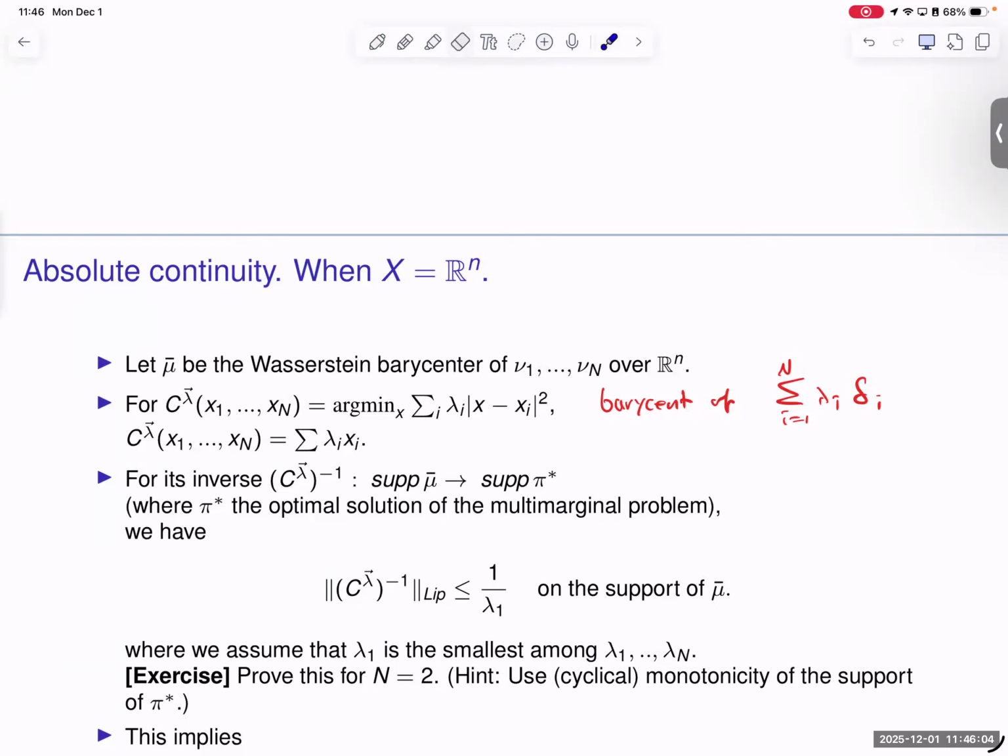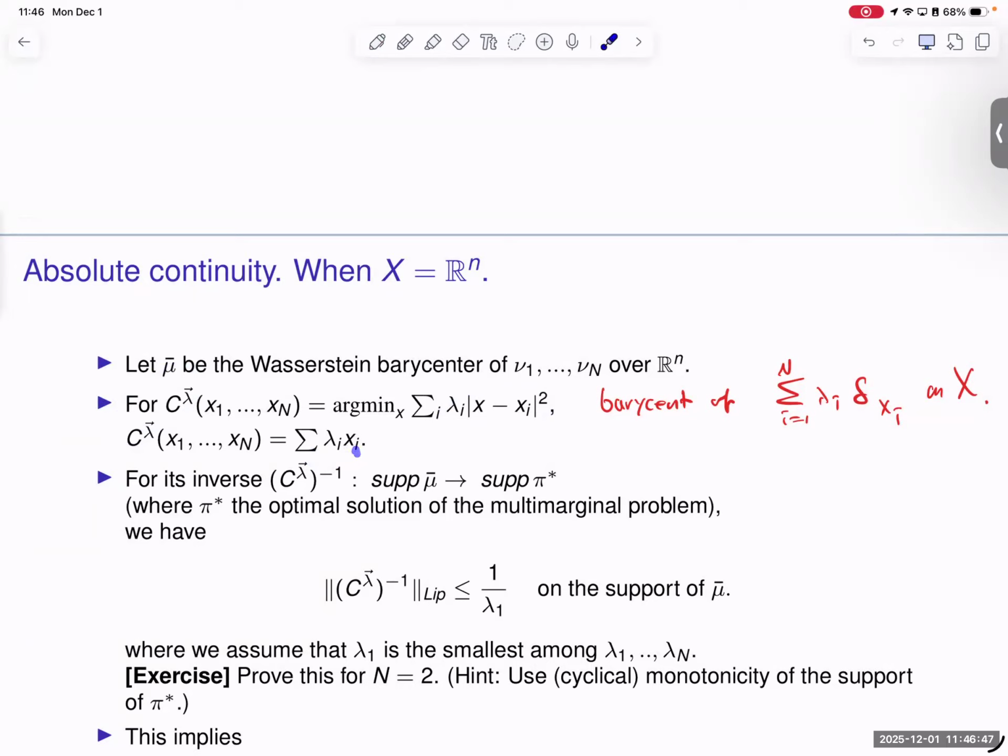Given a set of points x_i with weights lambda_i, you can consider the barycenter of such a distribution on your underlying space X. That is what C_lambda is. But such a barycenter, in the Euclidean case, is rather simple. You just take the weighted sum of these points. That is what the barycenter is in the Euclidean case.